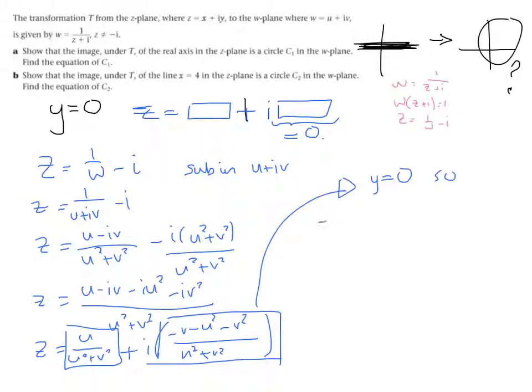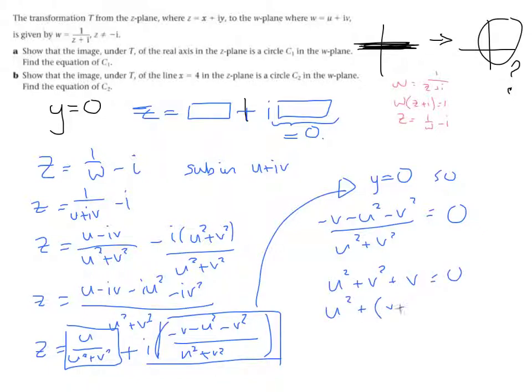So minus v minus u squared minus v squared over u squared plus v squared equals 0. Let's times both sides by u squared plus v squared and then by minus 1. We get u squared plus v squared plus v equals 0. Let's complete the square of the v's, and we get u squared plus (v plus a half) squared equals a quarter, and that is a circle.